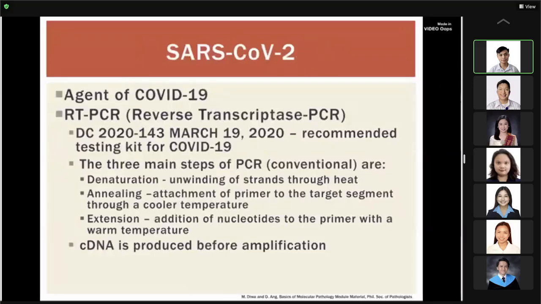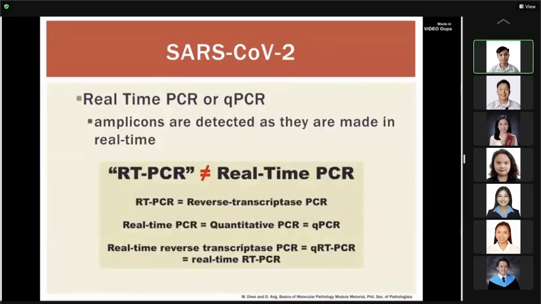We first produce a complementary DNA. So again, the recommended testing kit is RT-PCR. Ang gusto natin, ang desired natin is real-time reverse transcriptase PCR.